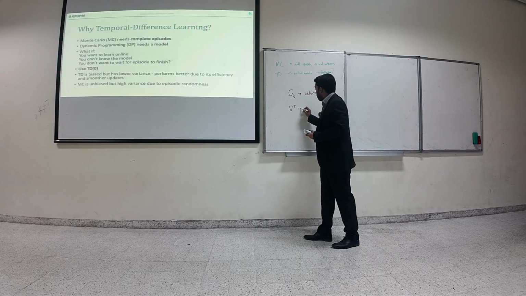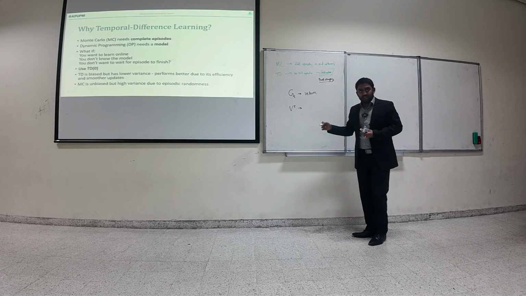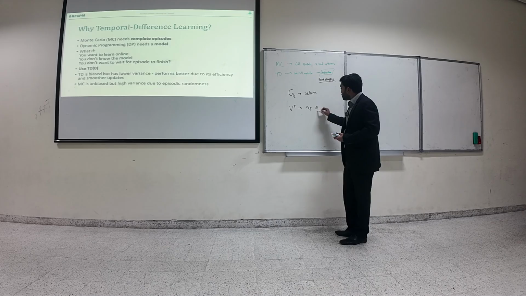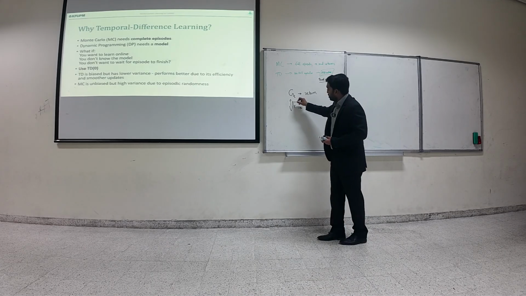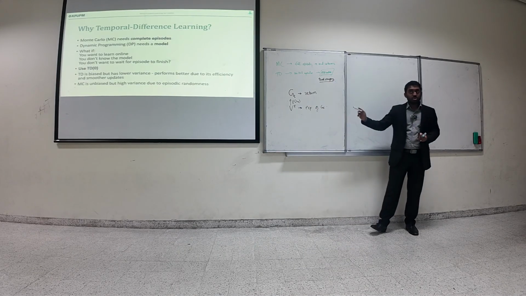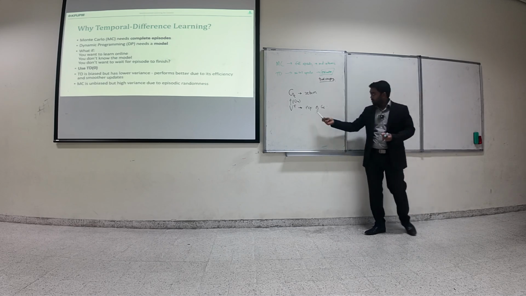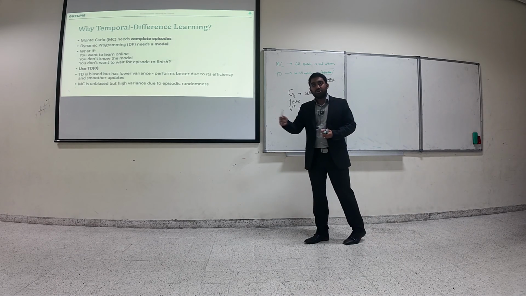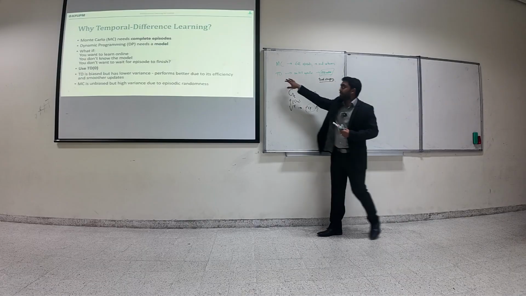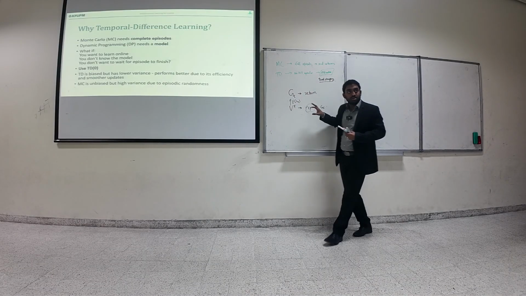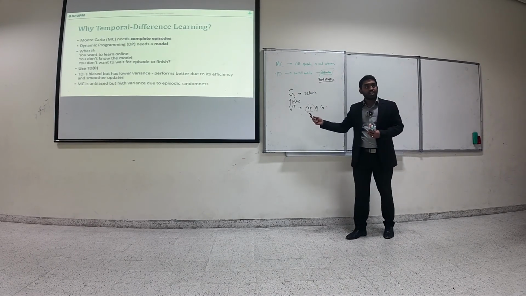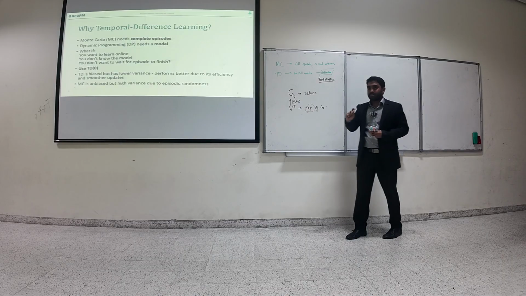Whereas V pi was the value function, which mathematically was the expectation of that G_t, right? Value function was nothing but an estimate, which is mathematically defined as the expectation of the returns. So from this definition, you can understand that TD learning will use value functions. Why? Because we are using an estimate here as opposed to the real returns.